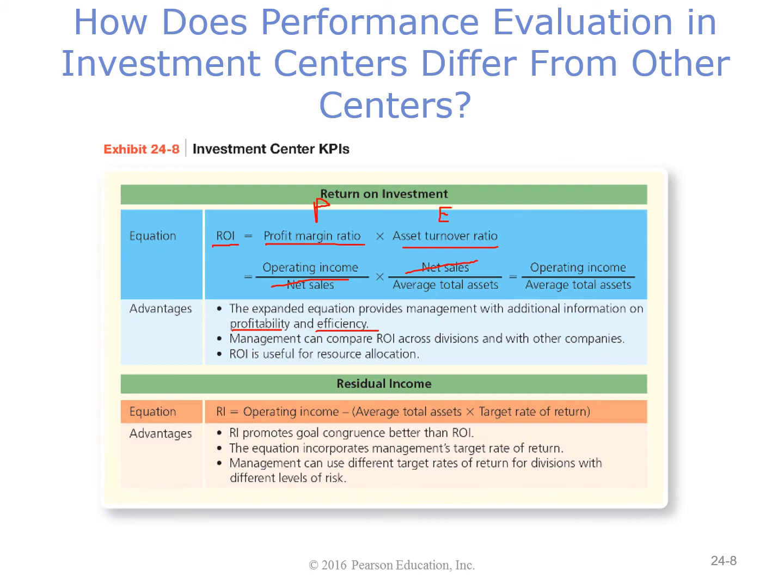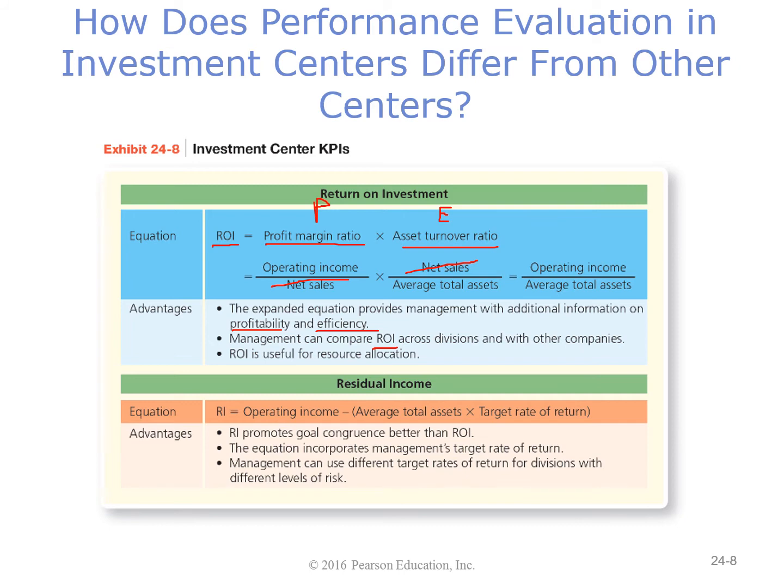Management can compare the ROI across divisions and with other companies, because it is very common and used by everyone. ROI is useful for resource allocation, because it will direct my resources toward the division using them more efficiently. On the other hand, residual income is the operating income minus the average total assets multiplied by the target rate of return.